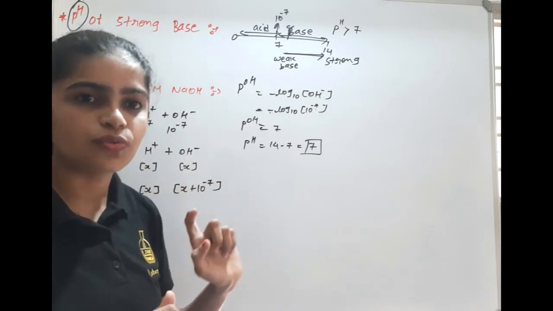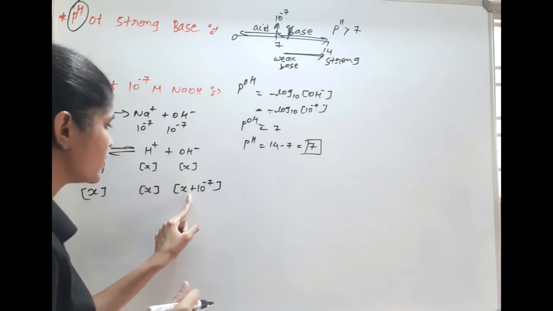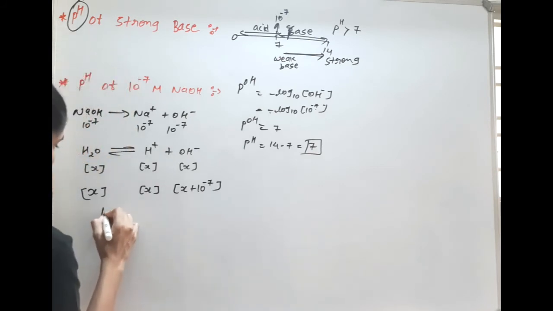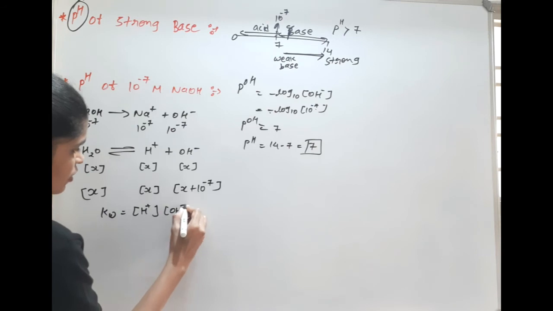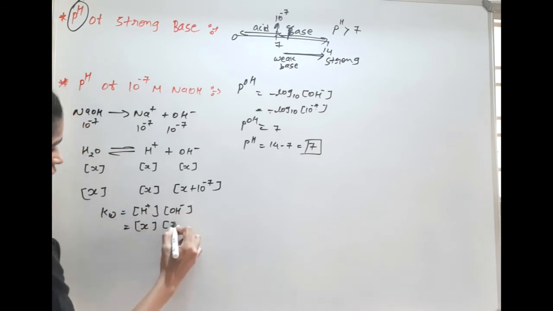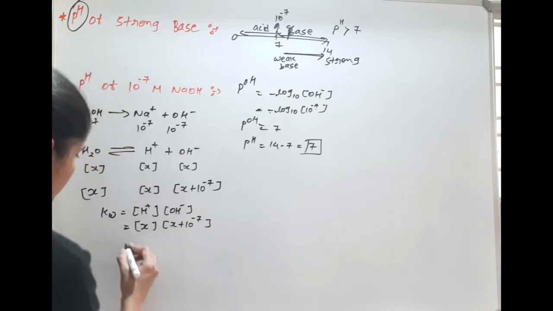Aqueous means H2O is present. So the H+ value is X and the OH- value is X plus 10 raised to minus 7. And we know that Kw is equal to the concentration of H+ times the concentration of OH-. So this is X and this is X plus 10 raised to minus 7.